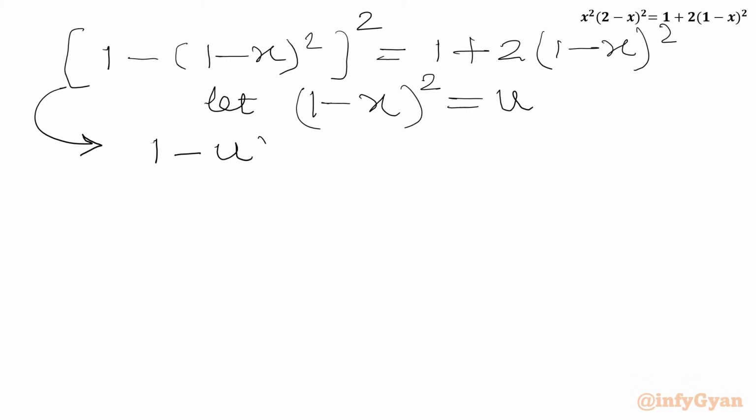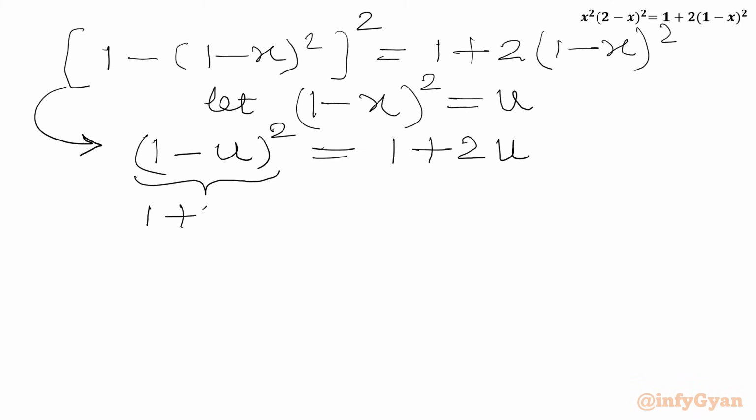(1 minus u) whole square in the LHS, and in RHS we will write 1 plus 2 times u. Now we will use (a minus b) whole square. We will write 1 plus u square minus 2u equal to 1 plus 2u.